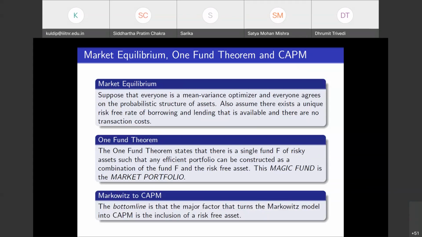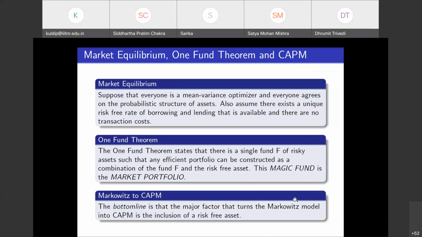Now I am looking at an extension of this, where the assumption is that in addition to n number of risky assets, I can also invest in a risk-free asset, an example of which is a bond. Once we are in this framework where there are n number of risky assets or stocks, for example, plus one risk-free asset, then we can have this One Fund Theorem.